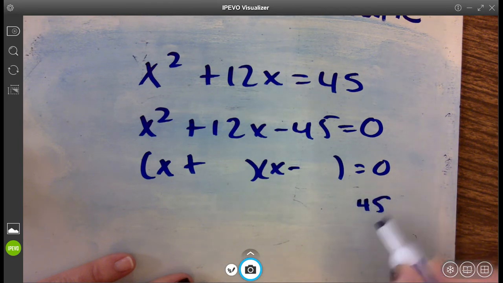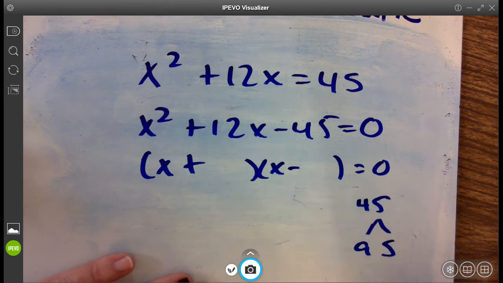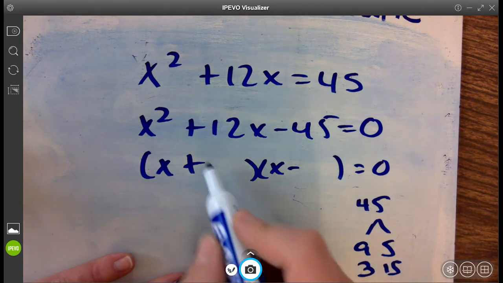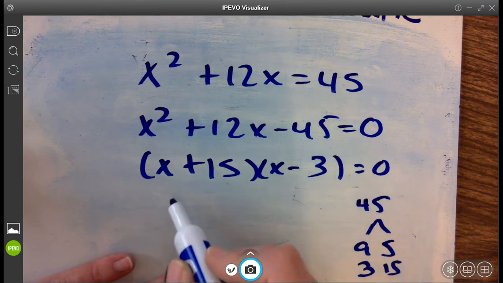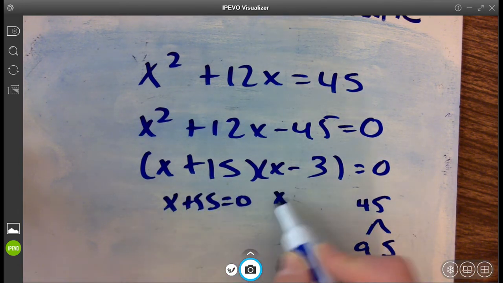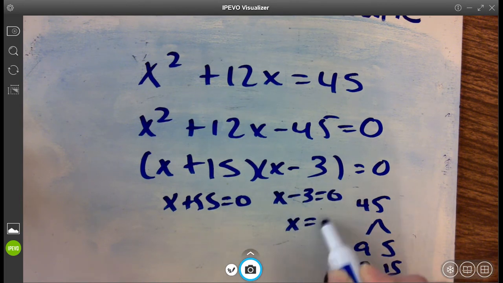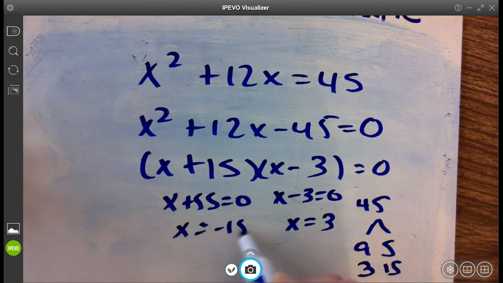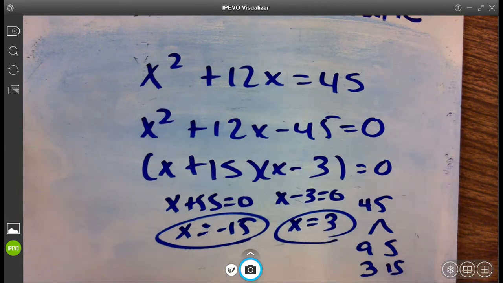Factors of 45 are 9 and 5, but that does not give me 12. Or we could do 15 and 3. Does that give me 12? Yeah, so positive 15, negative 3. The zero product property says we set each piece equal to 0, and we solve. So my answer is negative 15, and my answer is 3.